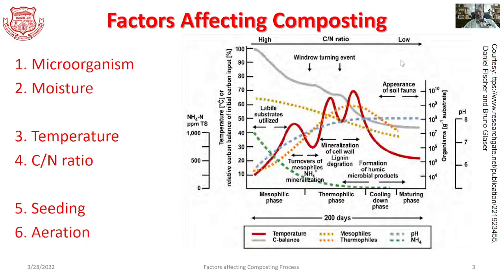There is quite a considerable variation in the C by N ratio throughout this process, and hence this process needs to be controlled through these factors, namely microorganisms, moisture content, temperature, C to N ratio, seeding, as well as aeration.